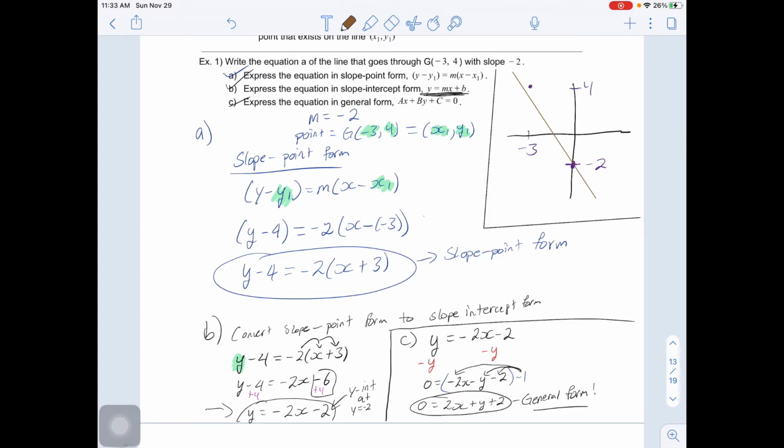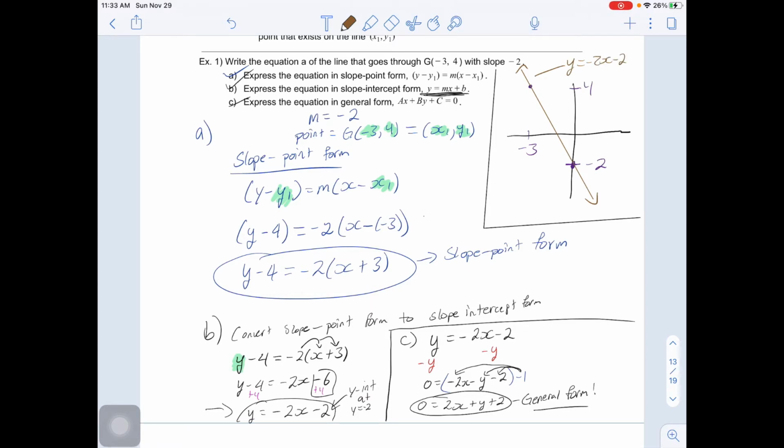And of course, I'll fix that up a little bit. There you go. That's about as good as we'll get it for now. But there's our equation. So this is the graph, y equals -2x minus 2.